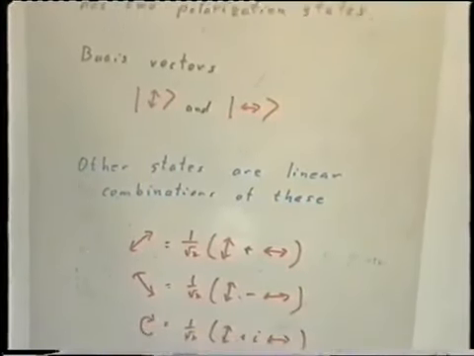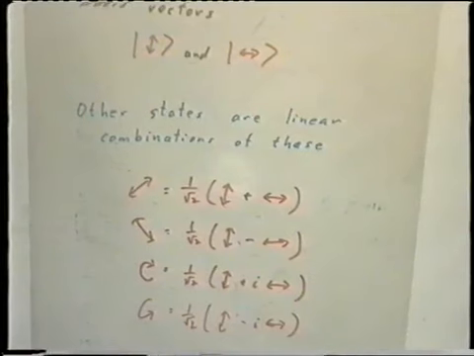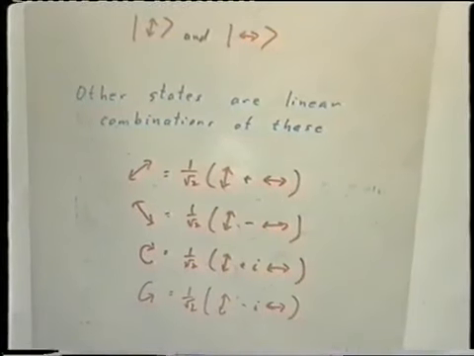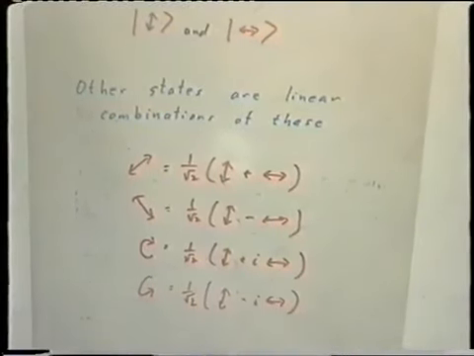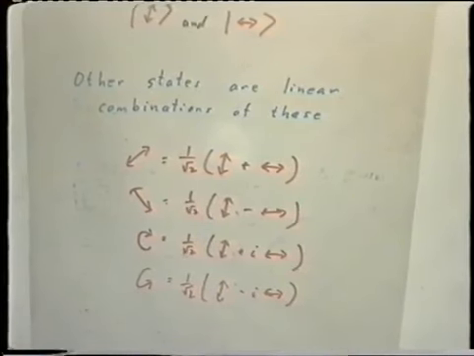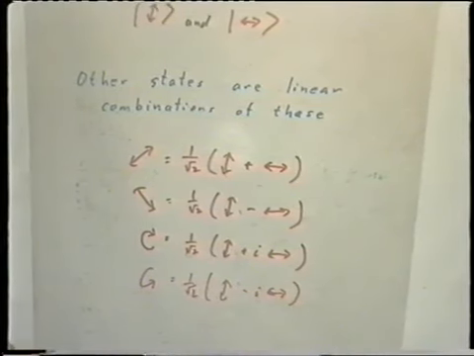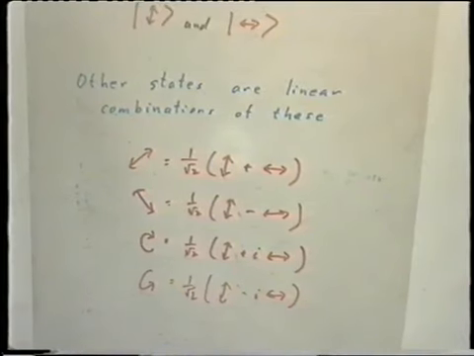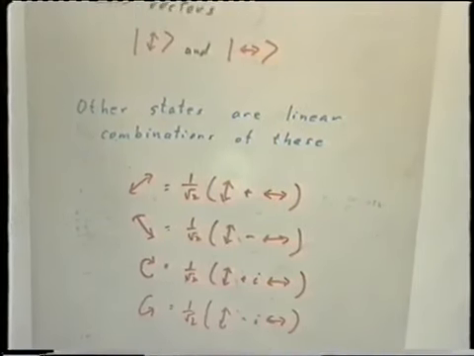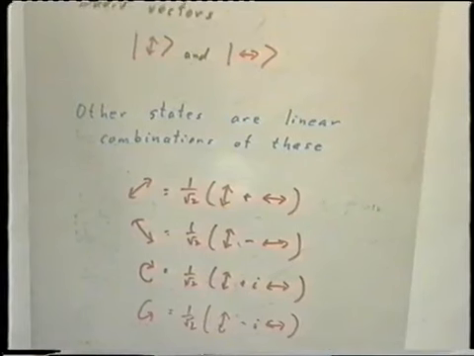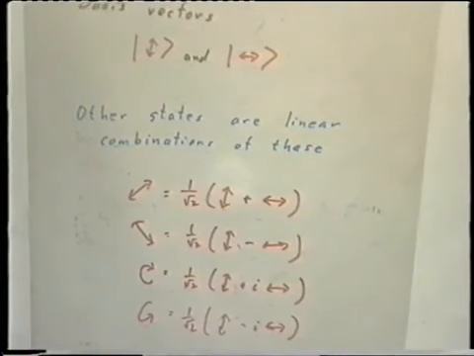For example, this is 1 over root 2 (vertical plus horizontal), and this is 1 over root 2 (vertical minus horizontal). If you send this state through a birefringent crystal, which separates out these two polarizations, half the time the photon will go up, and the other half of the time it will go down.